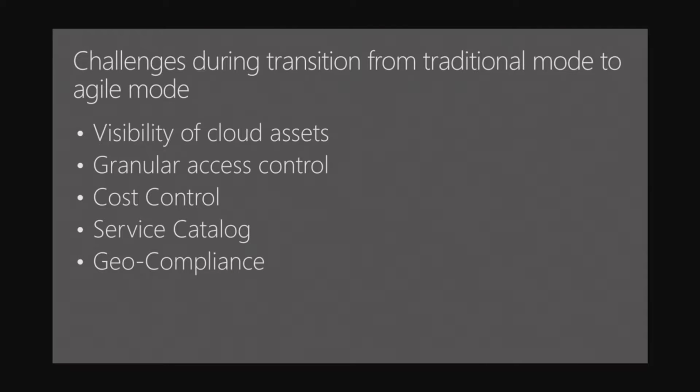So you want to have an approved list so that your users do not arbitrarily use any resource types. Last but not the least, it's about geo-compliance. For bigger enterprises like banks, they usually have geo-compliance requirements: all my data must be in certain geo-boundaries. So these are the challenges we have seen organizations have.